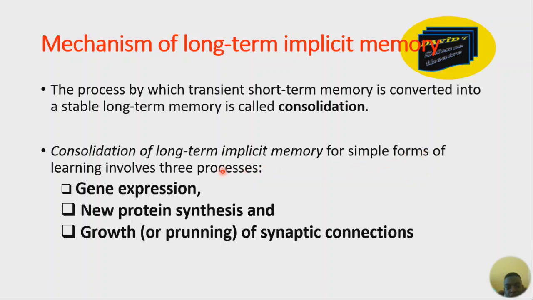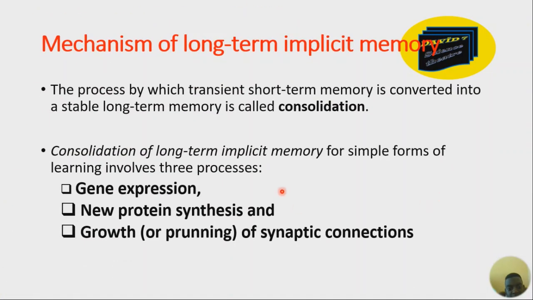Simple forms, which I talked about recently in implicit memory, are associative and non-associative learning. Consolidation occurs due to these processes: gene expression, new protein synthesis, and growth or pruning of some synaptic connections. They can grow new synaptic connections or prune off some. Alright, so that has been implicit memory, both long-term and short-term. That is the molecular or cellular basis of implicit memory.